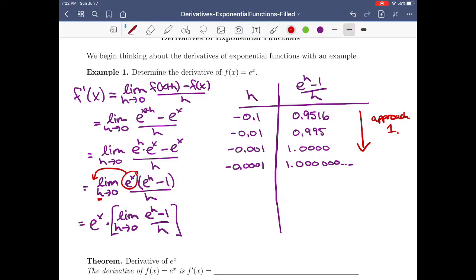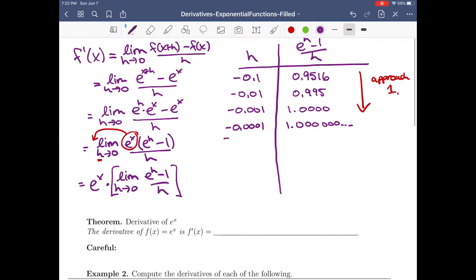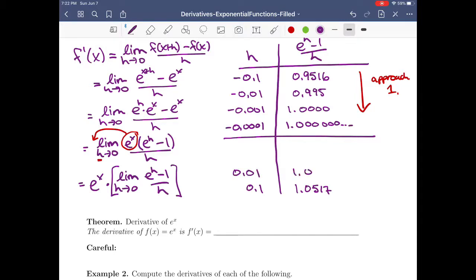What about from the other side? If I do 0.1, I get 1.0517. If I do 0.01, I get 1.0050. For 0.001, I get 1.0001, and so on. Again, it seems like we're approaching 1 this way as well.